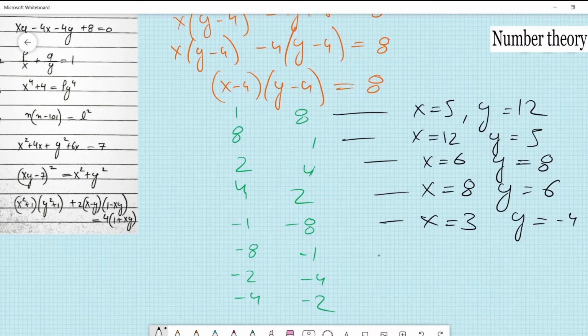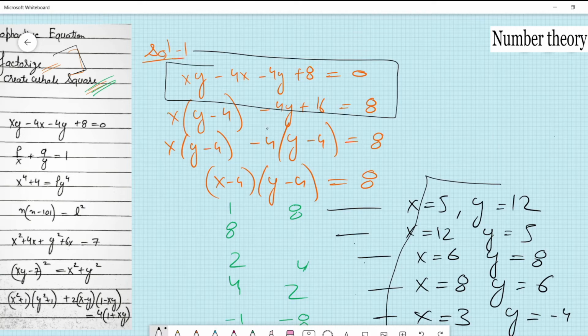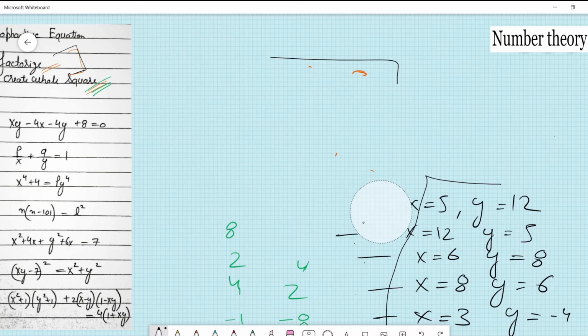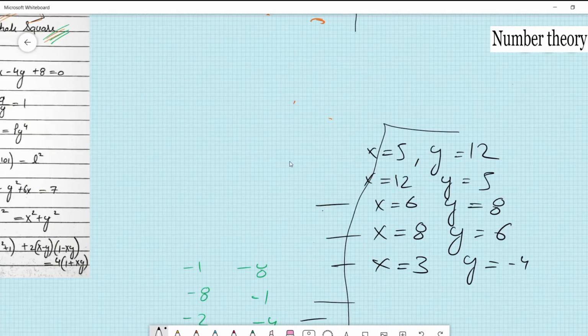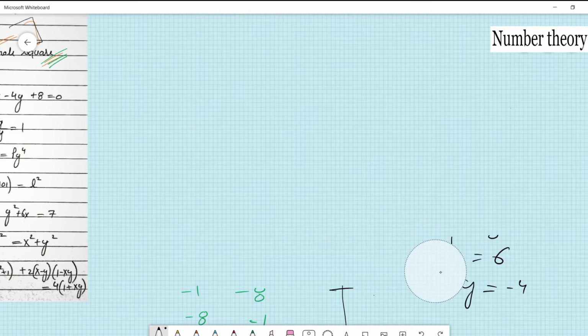And similarly, you can calculate for the rest of these 3. So we'll have a total of 1, 2, 3, 4, 8 solutions. This equation has 8 solutions. Okay. So this completes our question number 1. I think now you've got how this factorization technique is going to be used in solving Diophantine equations.